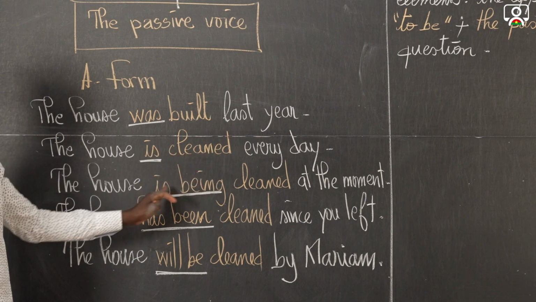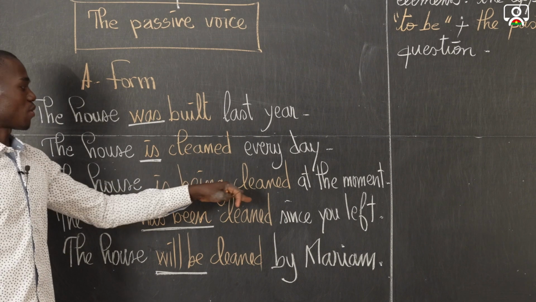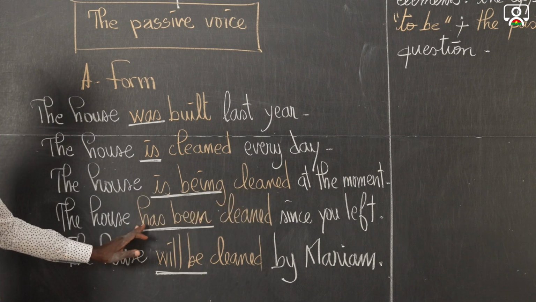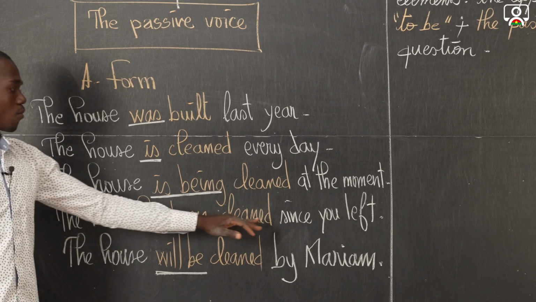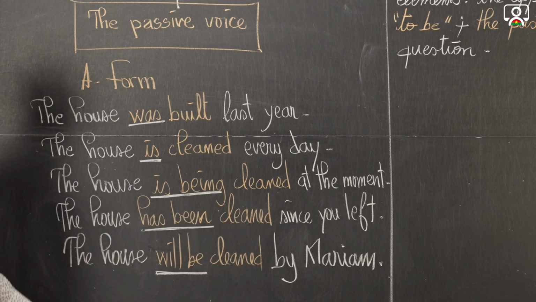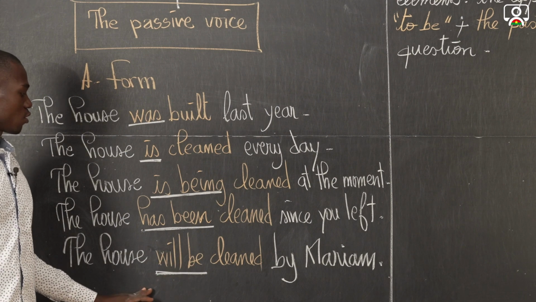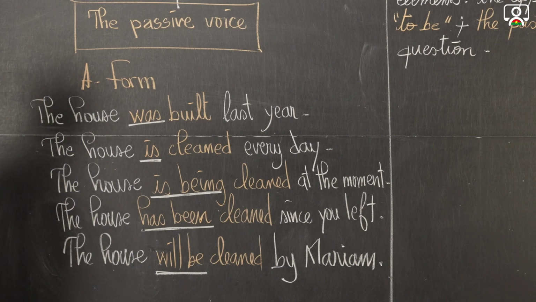Here to be in the present progressive and the past participle of the verb. Here to be in the present perfect plus past participle. And in the last sentence we have to be in the simple future plus past participle of the verb. Great.